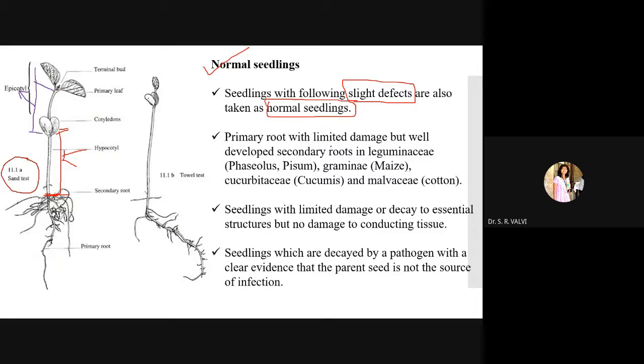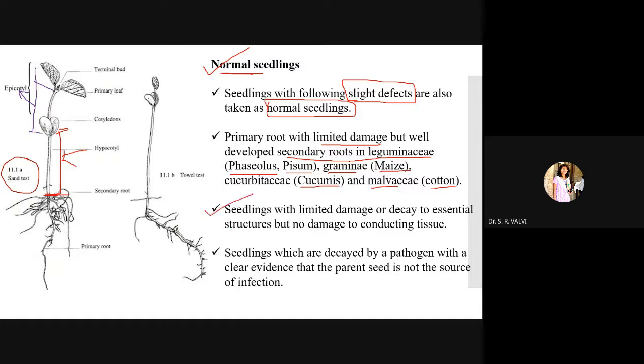So, a primary root with limited damage but well developed secondary roots in Leguminosae, for example Phaseolus, then Pisum, that is the pea plant, then Gramineae, for example maize, then Cucurbitaceae, for example Cucumis, kakri, then Malvaceae, for example cotton. Even if limited damage occurs to the primary root, but the secondary roots are well developed, that seedling is also called a normal seedling, right?